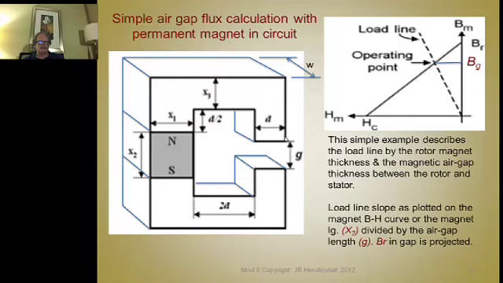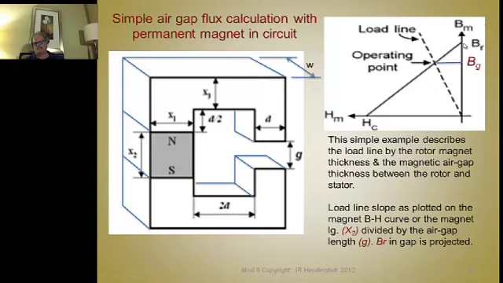If in our example here we put a big piece of steel in here, so there's no air gap in this circuit, all the flux from this magnet easily flows around here with no leakage, and the flux density would be that value right there. By the way, this is a BH curve, a second quadrant demagnetization curve of a typical rare earth magnet that you would buy.